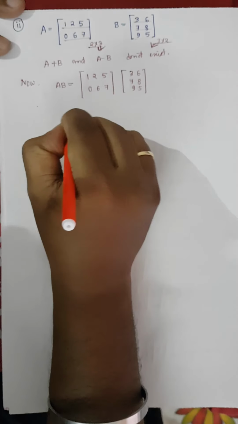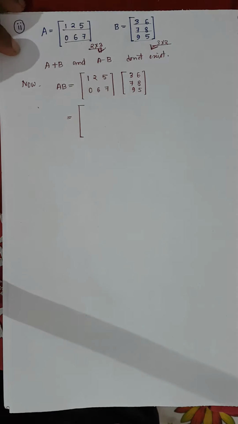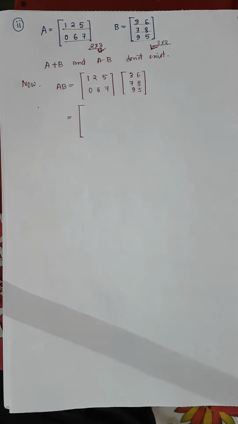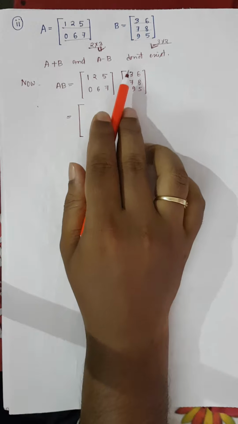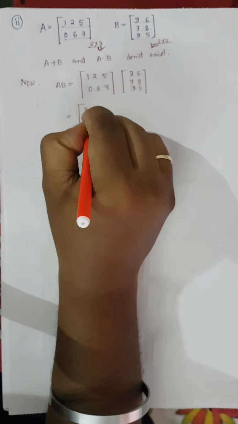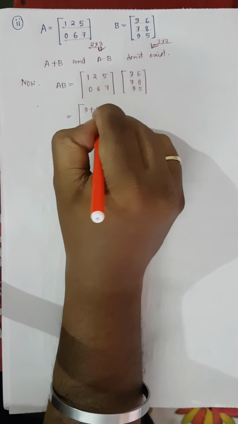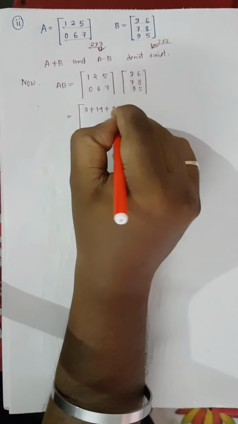Now when I multiply two matrices, the operation takes place among the corresponding first row and the corresponding first column. Similarly, corresponding first row, corresponding second column. So 1 2 5 multiplied with 3 7 9. So 1 into 3 it is 3, 2 into 7 it is 14, 5 into 9 it is again 45.